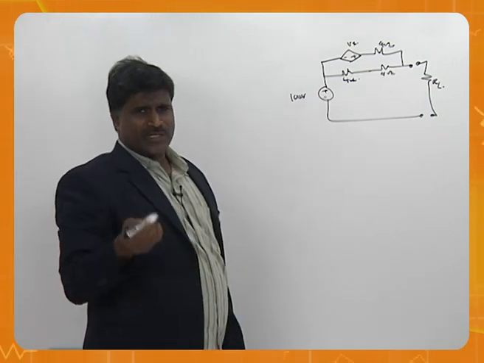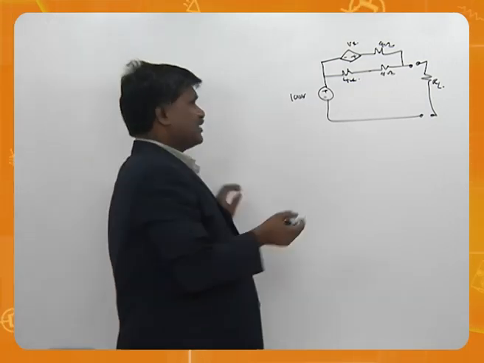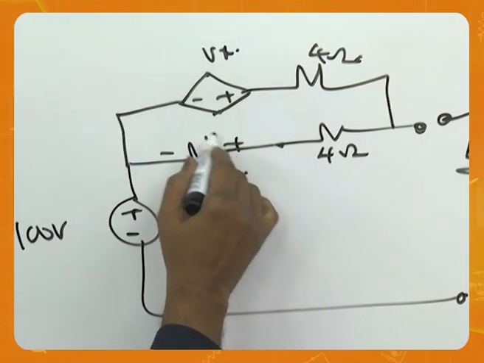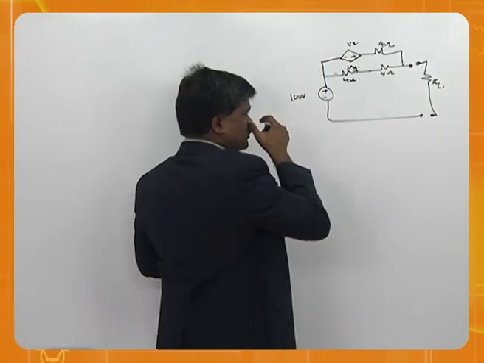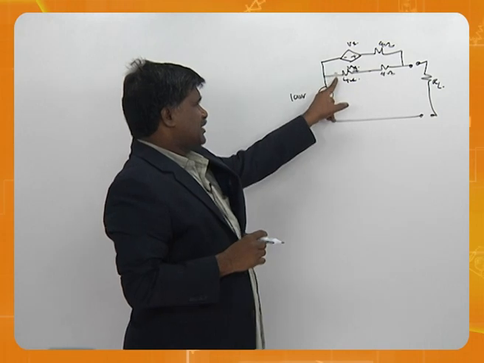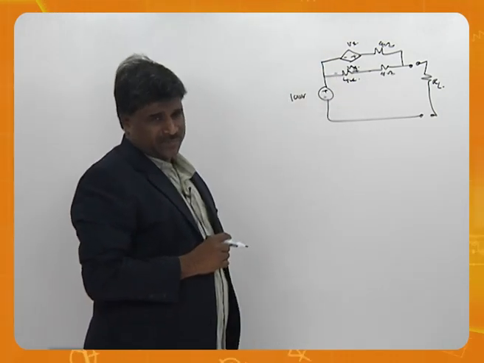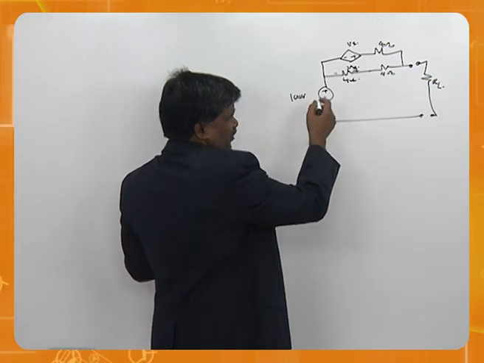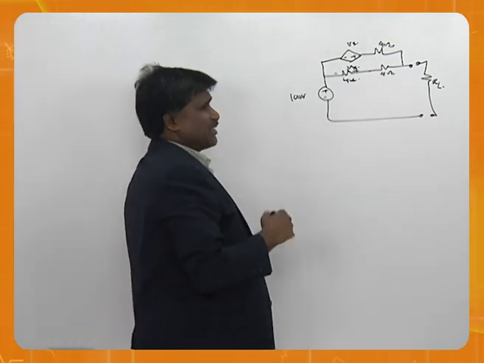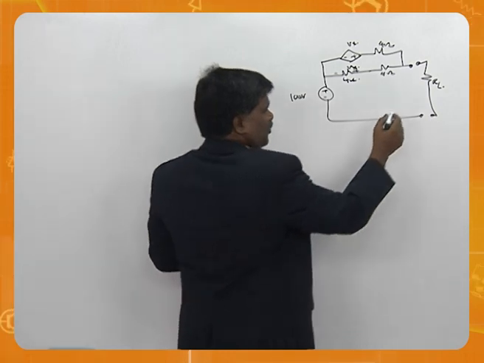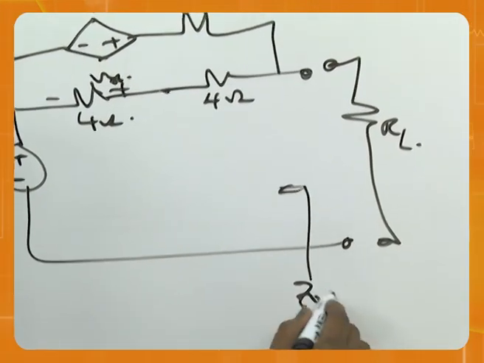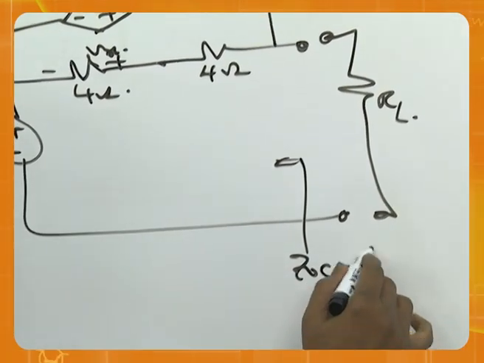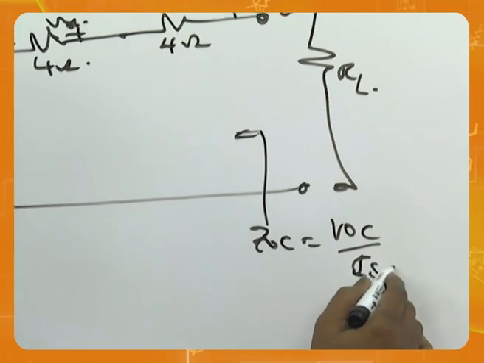Whenever a dependent source is given, you should always ask what it is depending on. So, this is minus plus Vx, and this voltage is developing this, that is the meaning. Now, because there is a dependent source, the best way to calculate ZOC is VOC by ISC.